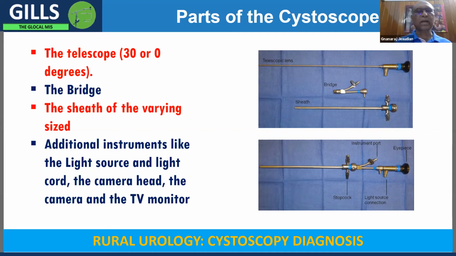This bridge has an opening for passing the various instruments that we use, like the biopsy forceps or grasper and so on. And also there is a place for connecting the light cord. So you need a telescope, you need a bridge, you need a light source, you need a light cord. Then if you're not directly looking through the telescope, you need a camera and monitor for the entire setup.